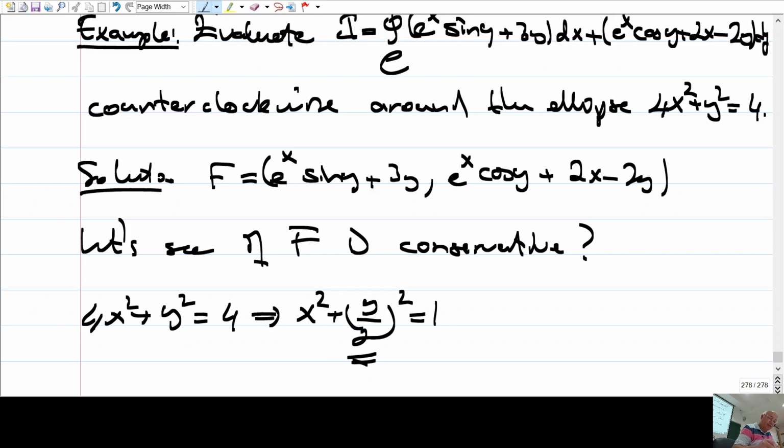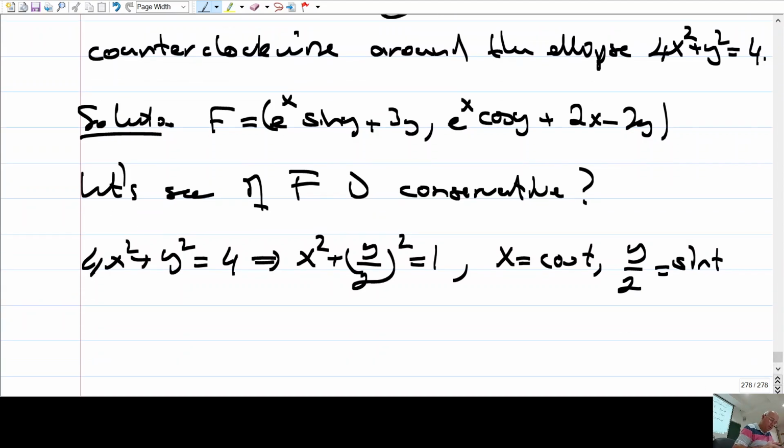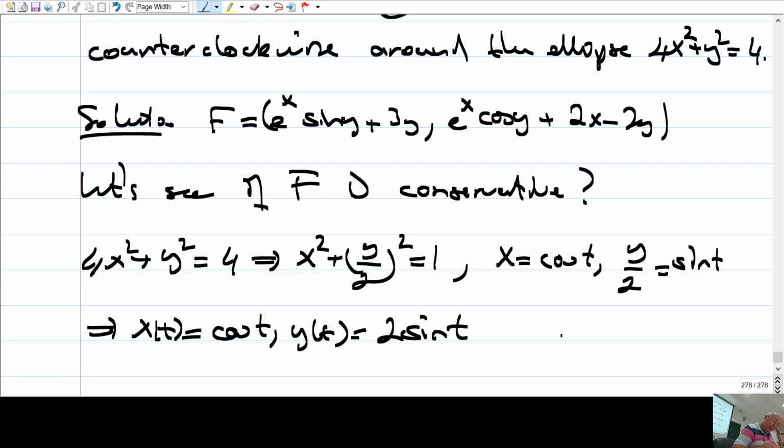Therefore, you should let x be just cosine t and y over 2 be sine t, so that cosine t squared plus sine t squared is equal to 1. So x(t) is just cosine t and y(t) is 2 times sine t.